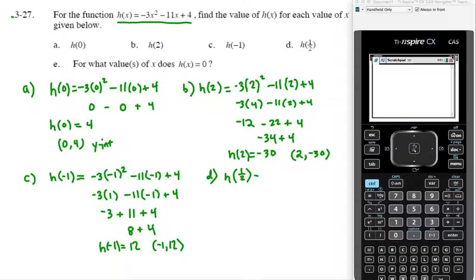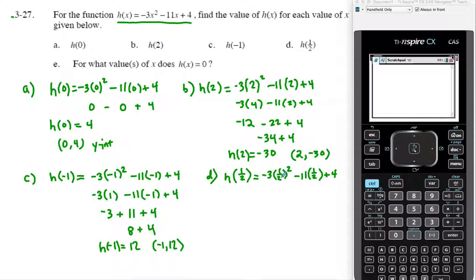So if you're more comfortable with decimals, I guess you could put in 0.5 instead. I'm going to just leave it as a fraction because I like fractions. We have negative 3 times 1/2 squared minus 11 times 1/2 plus 4.